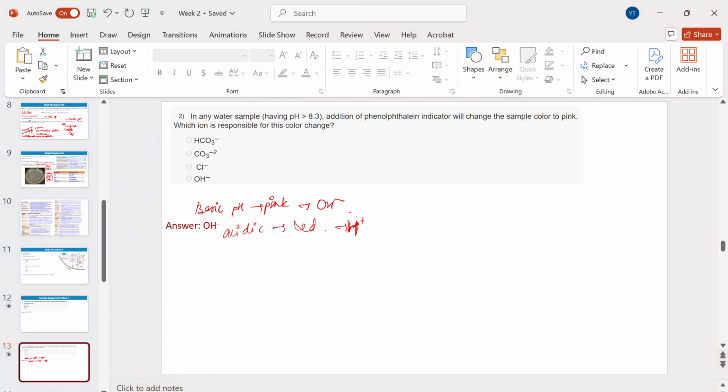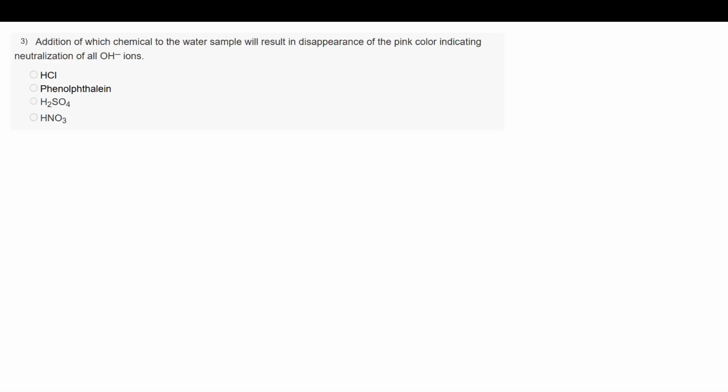So, yeah. Next question is: addition of which chemical to the water sample will result in disappearance of pink color, indicating neutralization of all the OH minus ions? So pink color is because of the OH minus ions, and if these OH minus ions are no longer present, then the pink color will disappear, right?